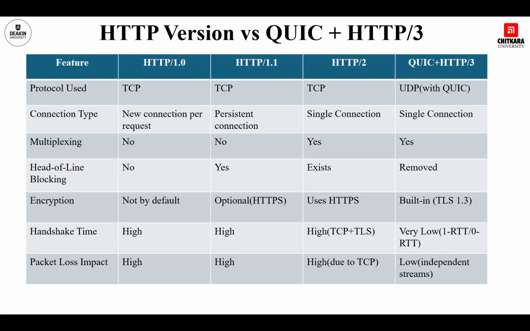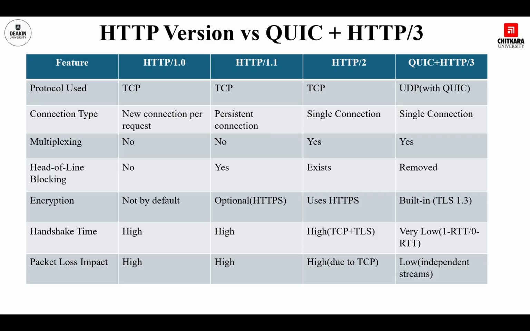So there is no multiplexing, there is head of line blocking, no encryption, and handshake time and packet loss impact are really high. So the data transfer rate is very slow. But in 1.1 we had some significant changes, like a persistent connection, but still there was head of line blocking, the handshake time was high, and the packet loss impact is really high.